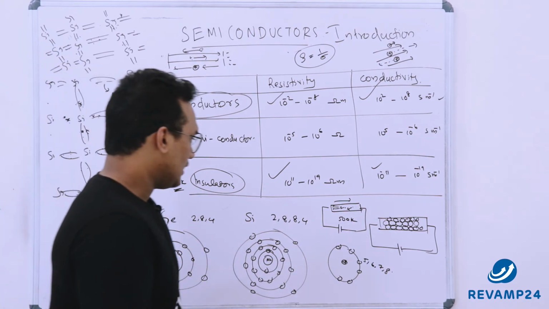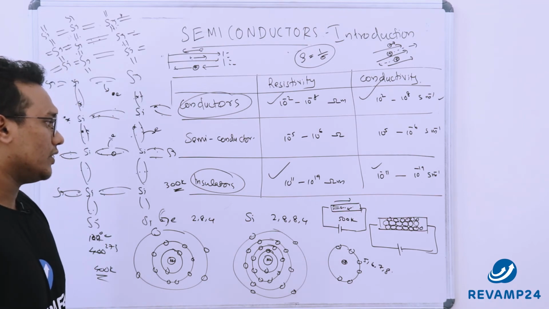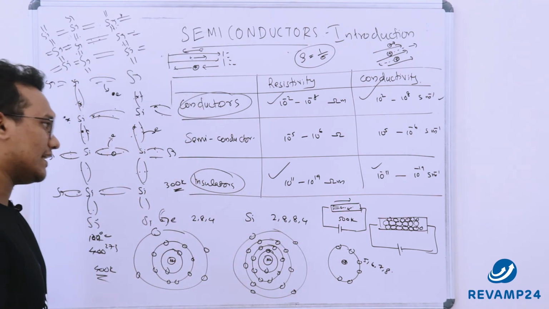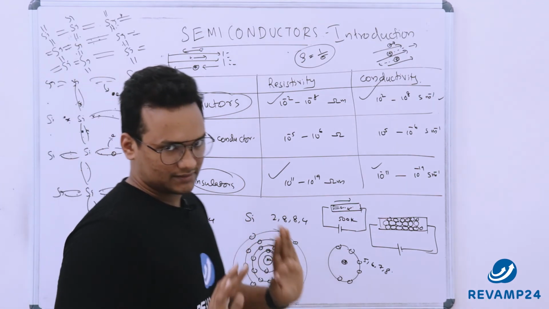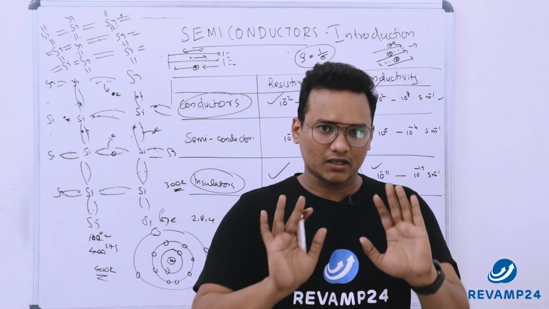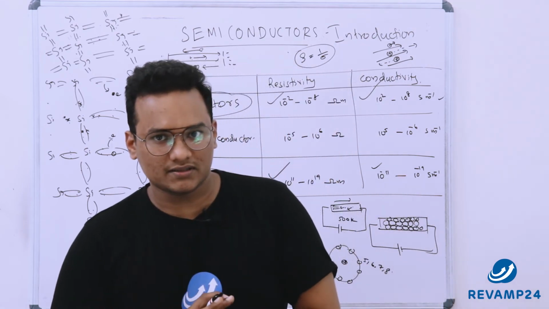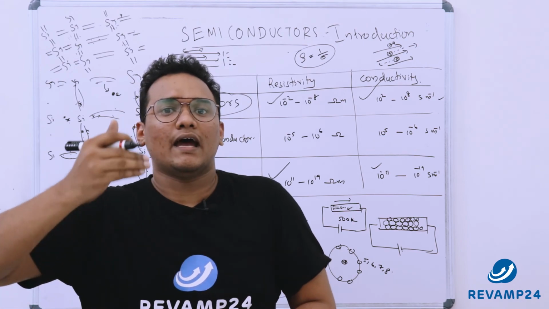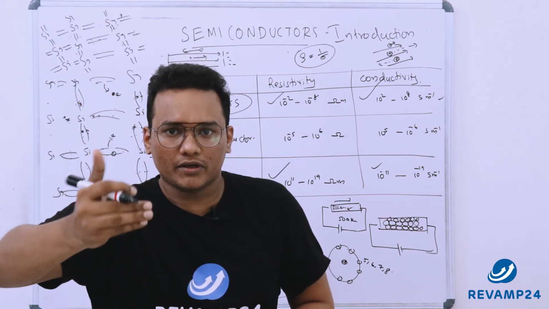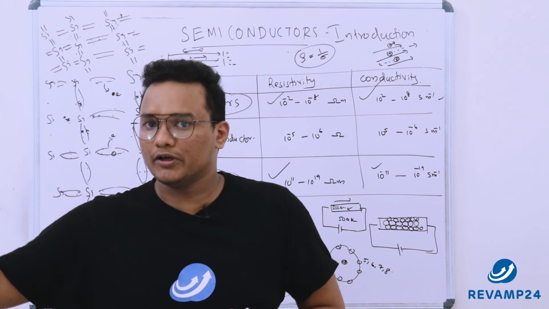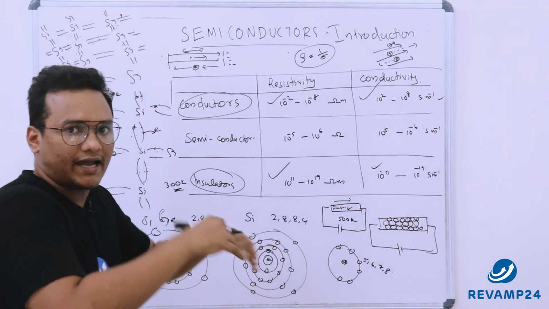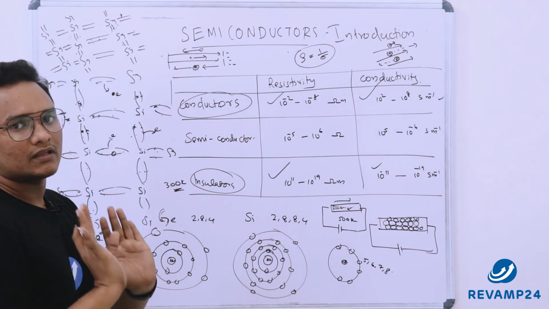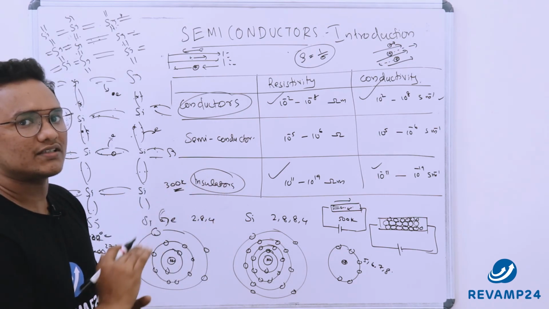So we have learned a few things in this video. One thing is that semiconductors are generally insulators at lower temperature, because at lower temperature they don't have free electrons, but at higher temperature free electrons are generated and contribute towards conduction.